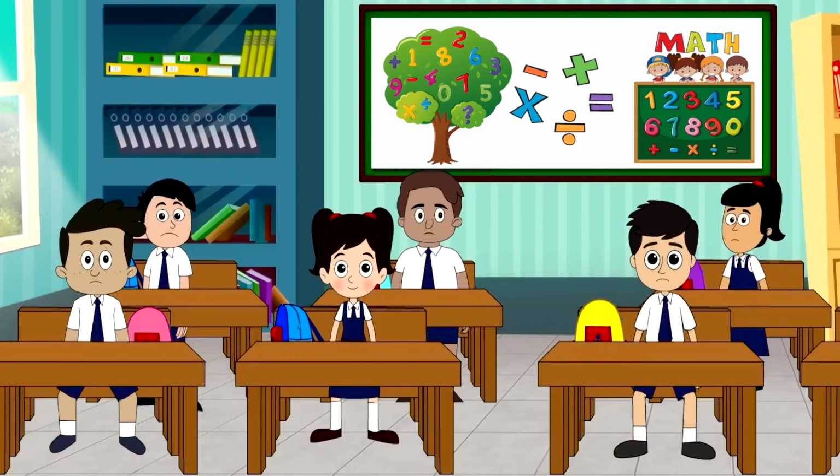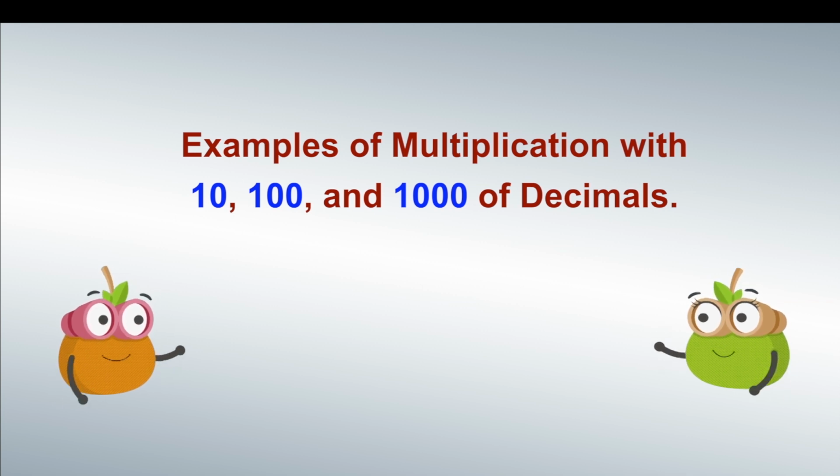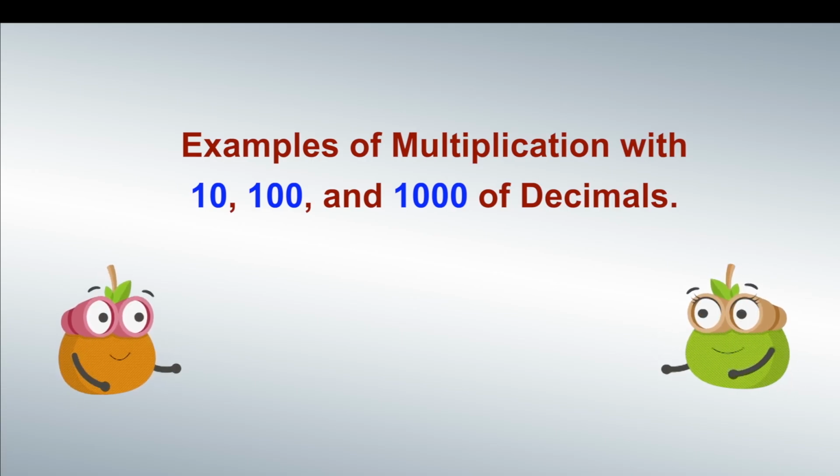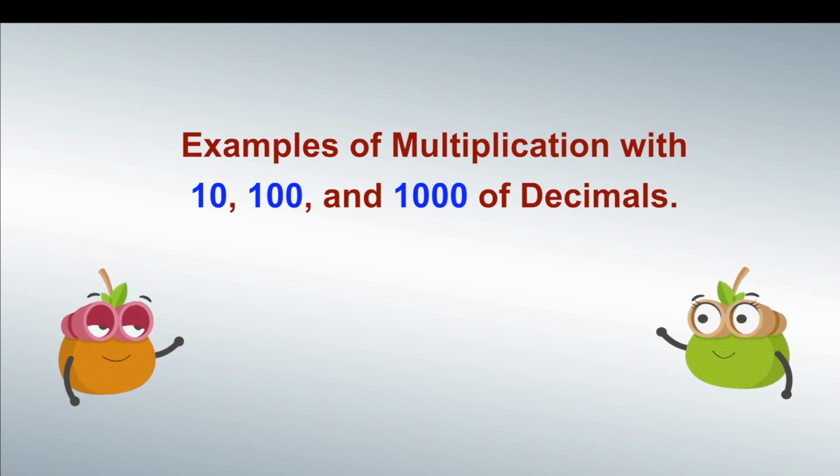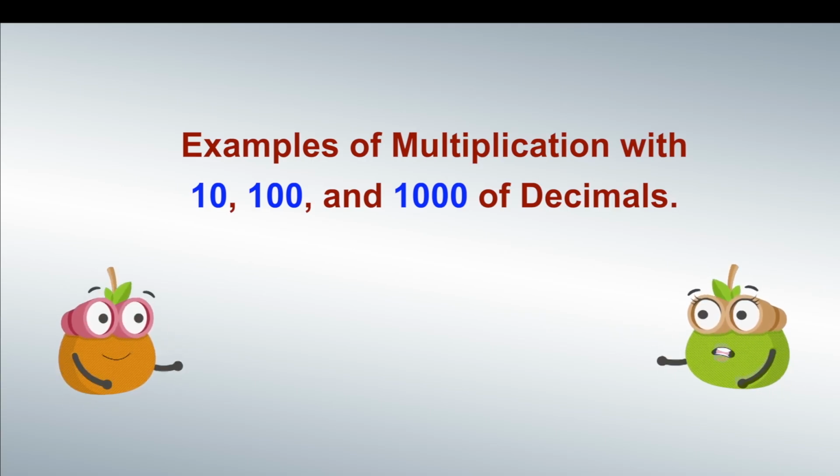Whoopi, do you know that multiplication of a decimal number with 10, 100 or 1000 is very easy? How? When the multiplier is 10, 100 or 1000, we just need to move the decimal point to the right by as many places as the number of zeros after 1 in the multiplier.